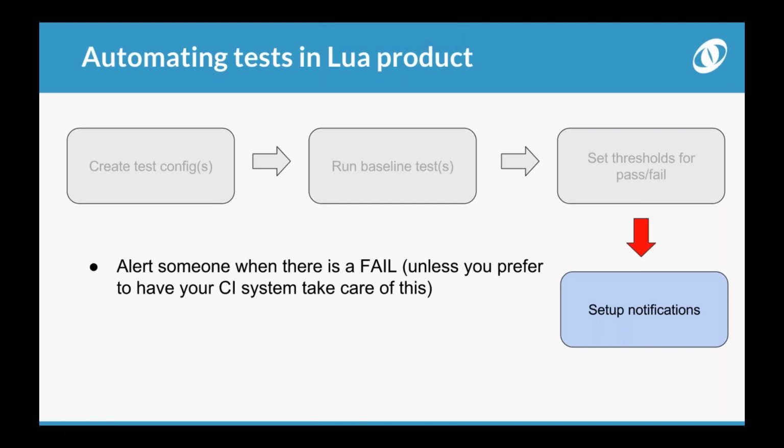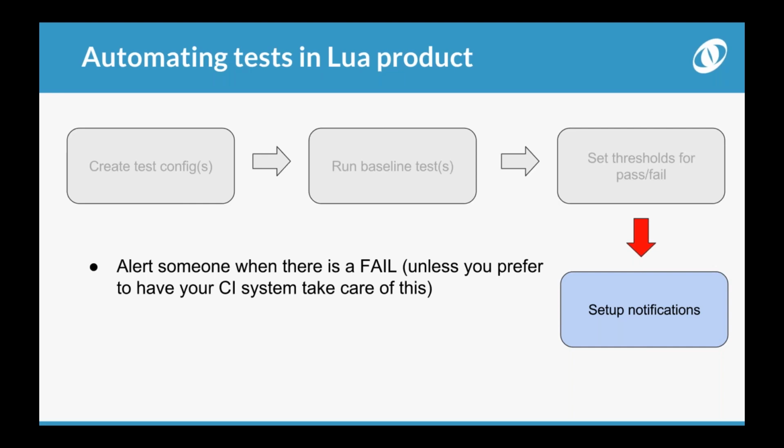So now that we have threshold set up, we should decide how we want to be notified by the CI system when our test fails. And either you might have already set up a mechanism for being notified by your CI system, in which case you can more or less skip this step.